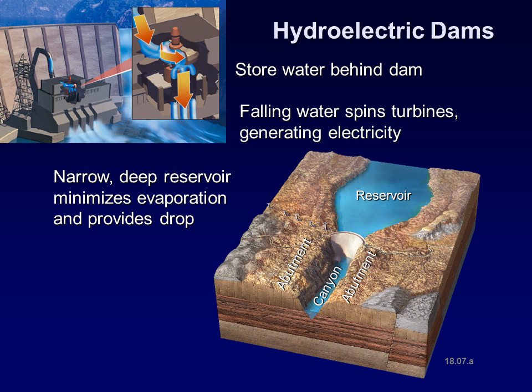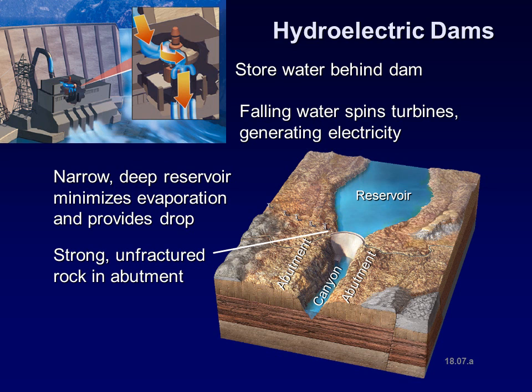The valley walls should be relatively close together. It should be relatively impermeable rock beside and beneath the dam, right? Because you don't want your water flowing out of the dam. It should be able to retain it. And a deep, narrow reservoir loses less water to evaporation.